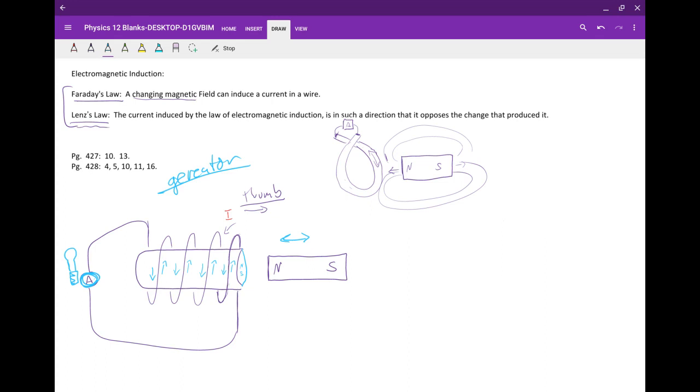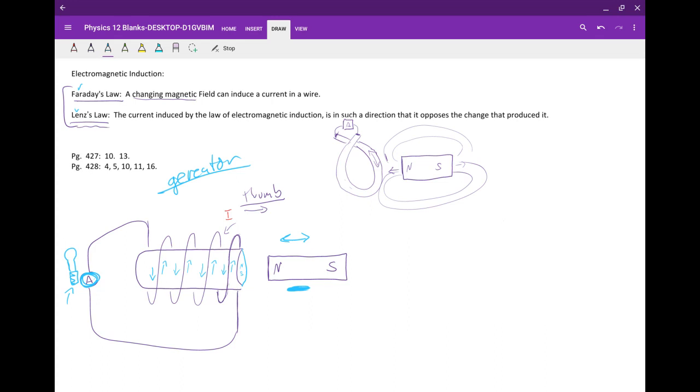So basically, I take a magnet and I push it back and forth, push, pull, and I basically can create a current that oscillates back and forth that can be used over in another location to run some sort of electronic device. I have generated electricity, and that is Faraday's and Lenz's law, right?